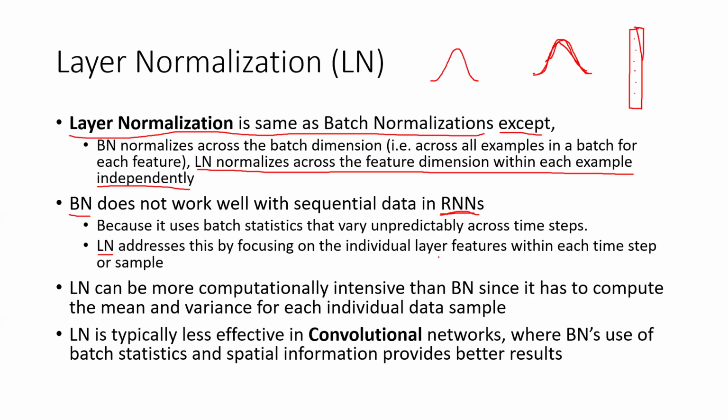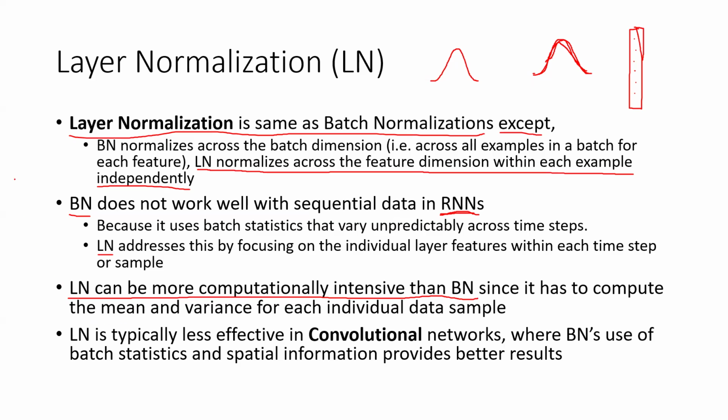For each data point, you have to calculate the layer normalization. So layer normalization can be more computationally expensive compared to batch normalization, because for each individual data sample you have to calculate it, whereas in batch normalization, you calculate it for the set of data points in the mini batch.